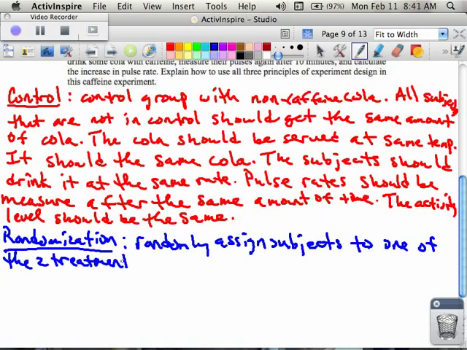And I'm running out of room, but you probably should mention what they are in parentheses. Caffeinated, non-caffeinated soda.